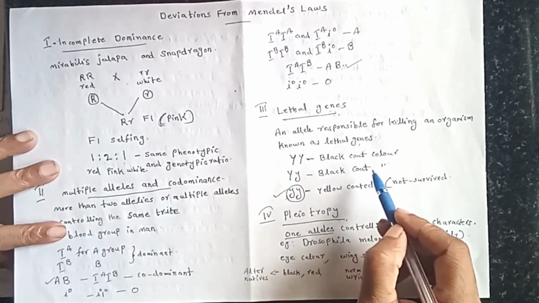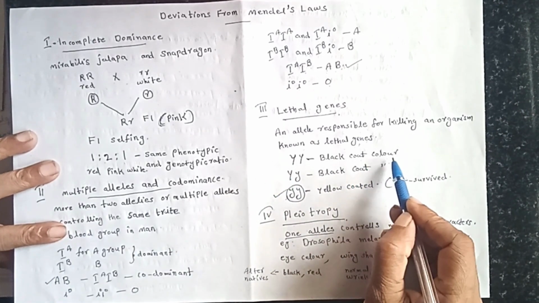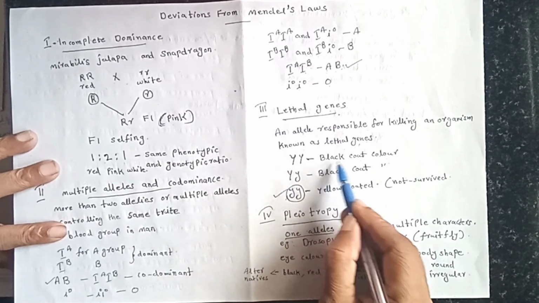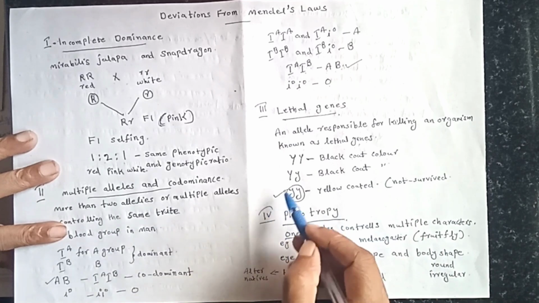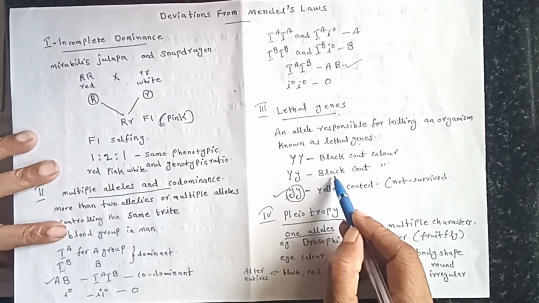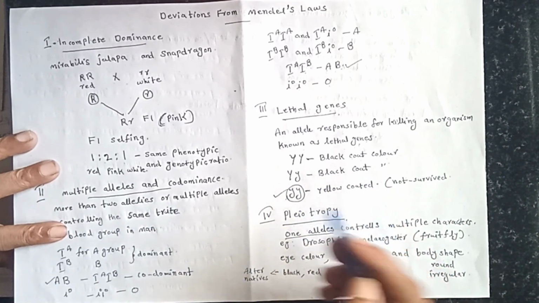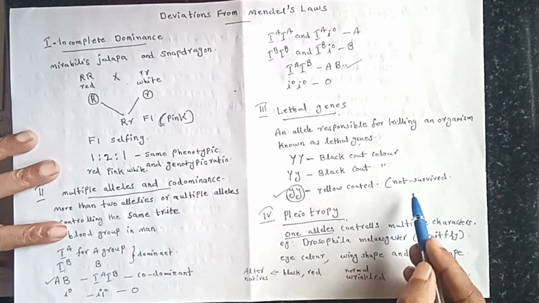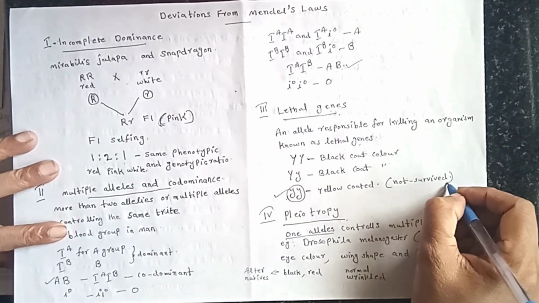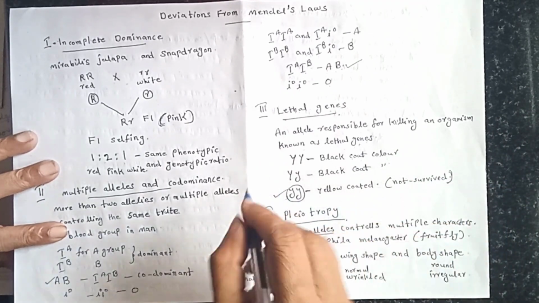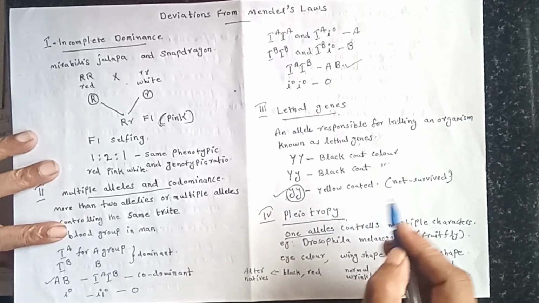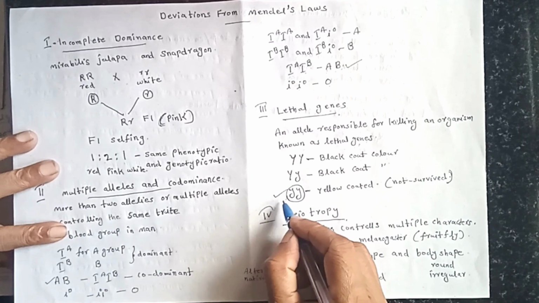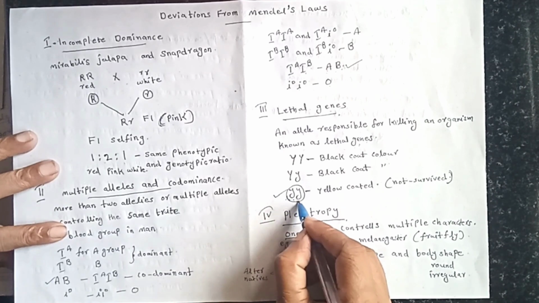If we take the coat color of mouse, capital Y represents black coat color, and capital Y small y also represents black coat color, but in case of small y, that is yellow coated, the mouse does not survive. In this homozygous recessive case, it never survives. So this is an example of a lethal gene.